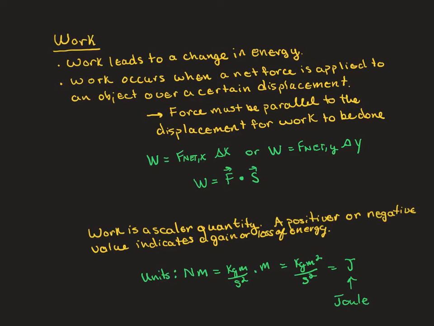And these relationships work best whenever you have one quantity that is solely in one direction. So if you're displacing only in the x, it's best to establish what your force net in the x is and just multiply by that displacement. Since this is a calc-based physics class and we discussed dot products, you can also take the force vector dotted with the displacement vector.